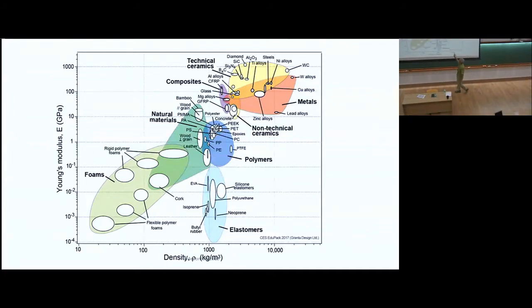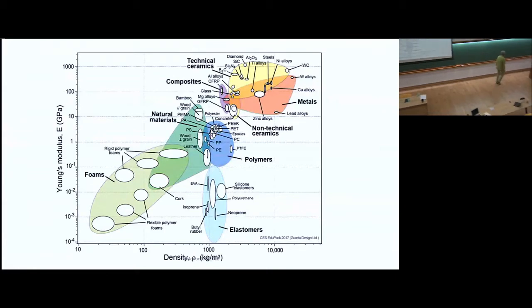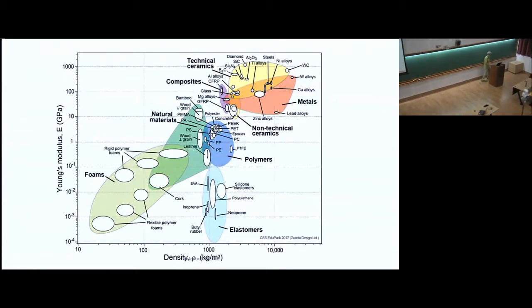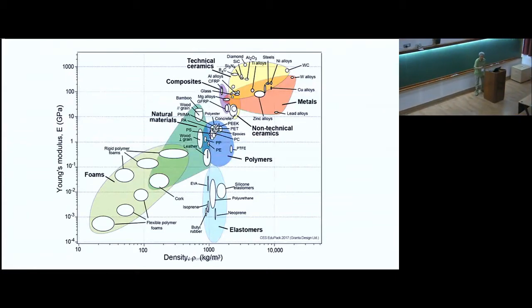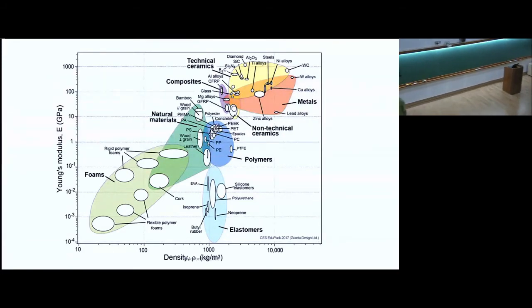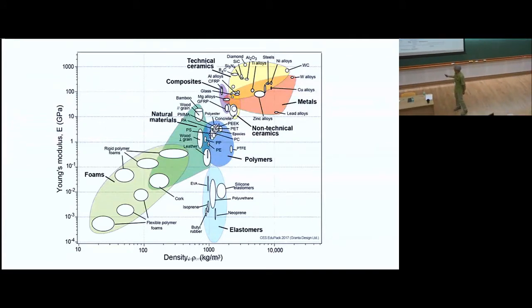You can see these things are forms basically, but the others are sort of some kind of bulk solid of some kind. And you can see that just in nature, you can get a huge variation of these things. Okay.